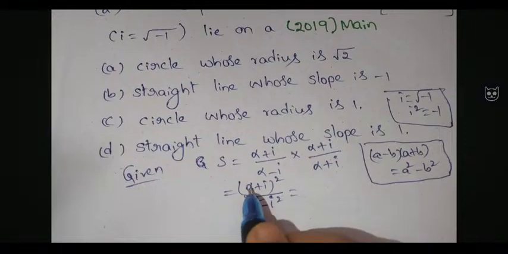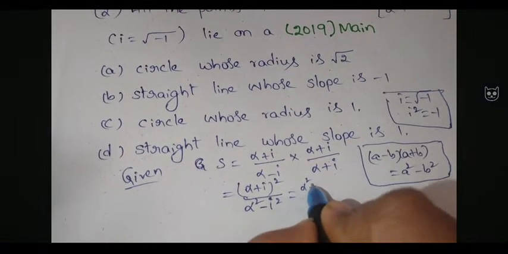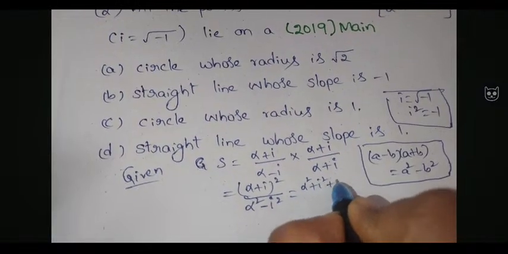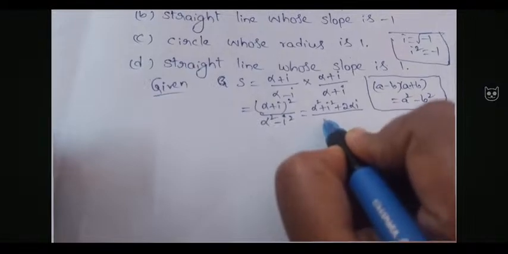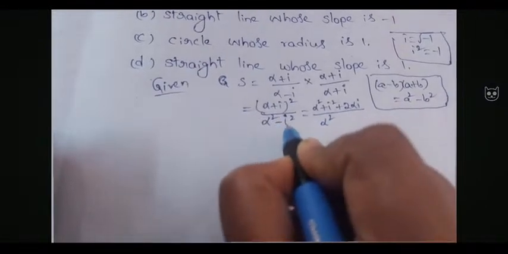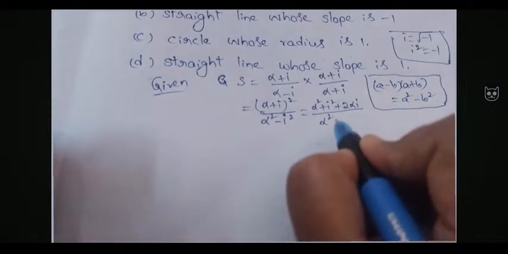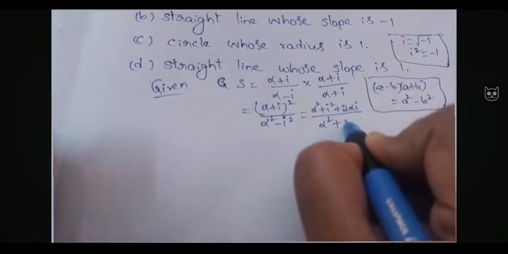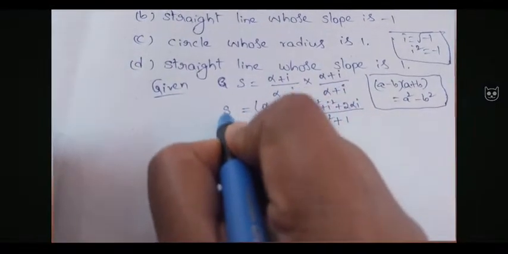Now expand the numerator, (a + b)² = a² + b² + 2ab, divided by α². Here i² is there. What is the i² value? That is −1, so minus of minus 1 gives plus 1, which is the denominator.